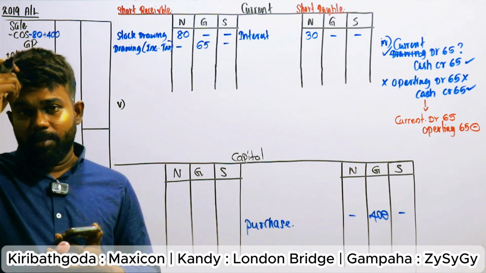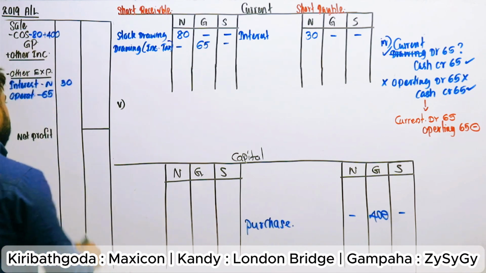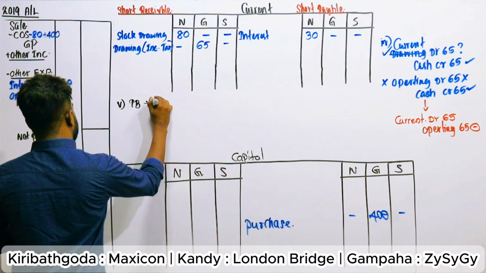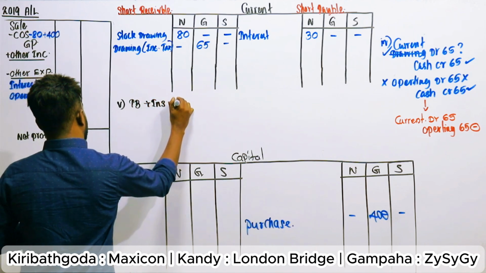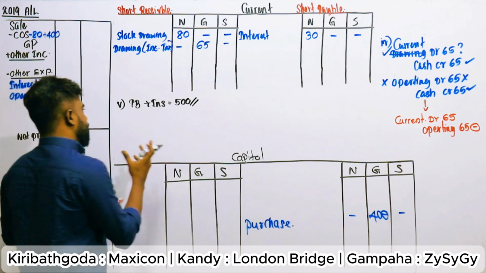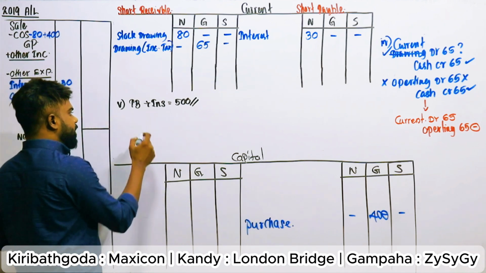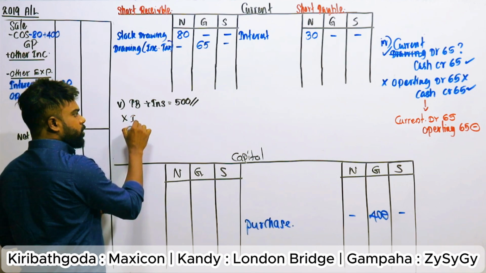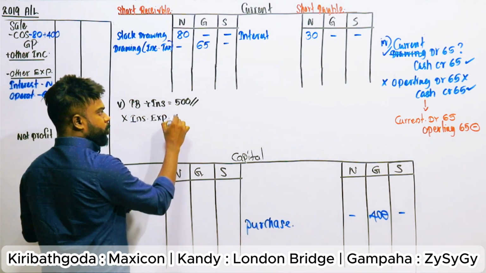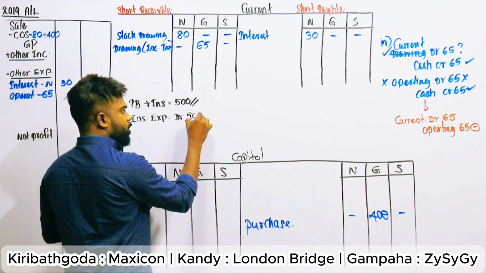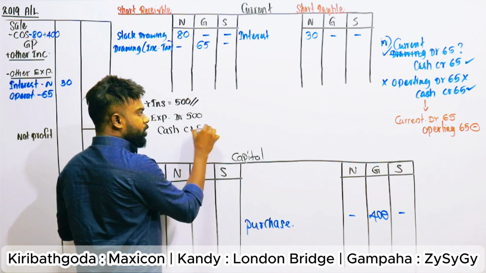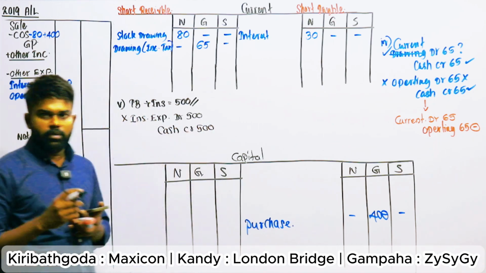How much insurance is recorded in the trial balance? 500,000. They have recorded insurance expense debit 500, cash credit 500.